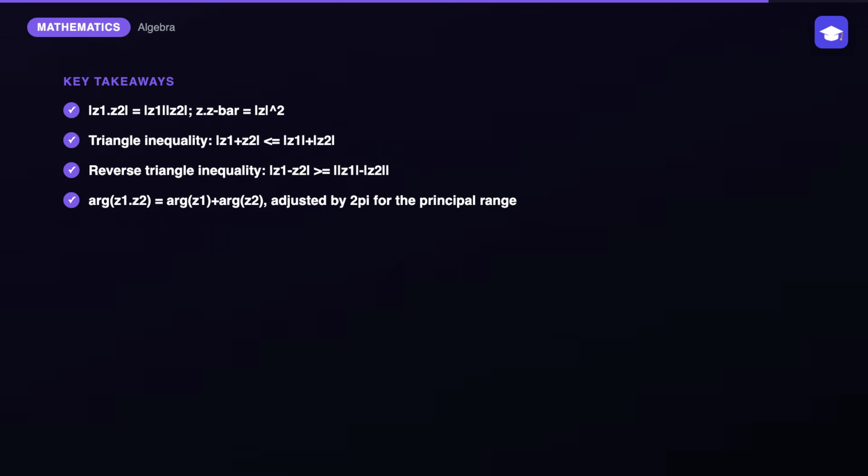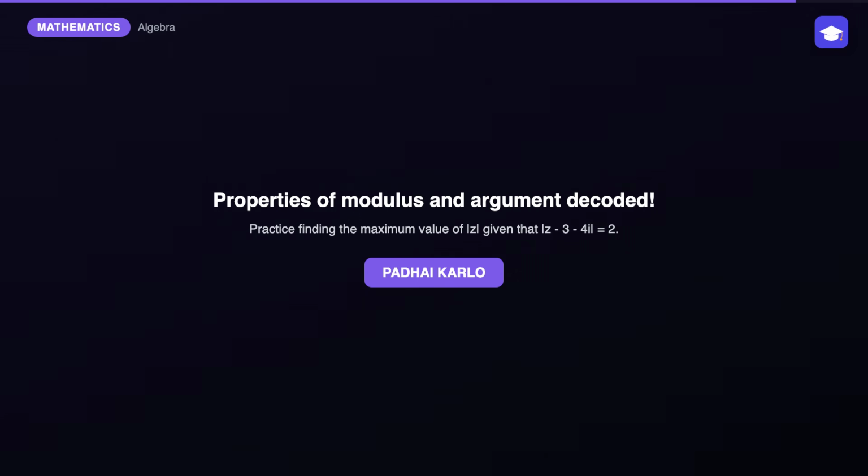These properties, especially the triangle inequality, are among the most frequently reused tools across complex number problems. That's the properties of modulus and principal argument. Keep the triangle inequality and the z times z bar identity sharp. They're among the most reused tools across the entire complex numbers chapter.